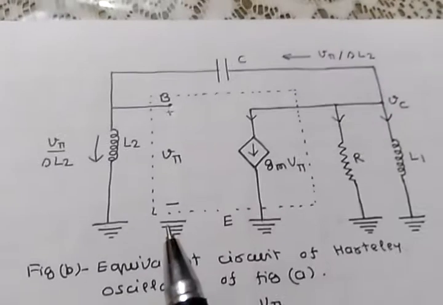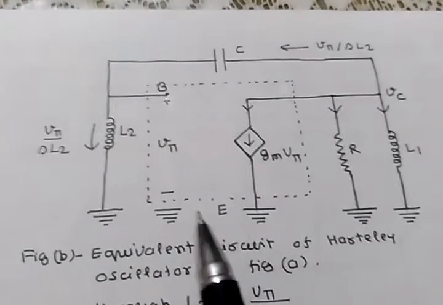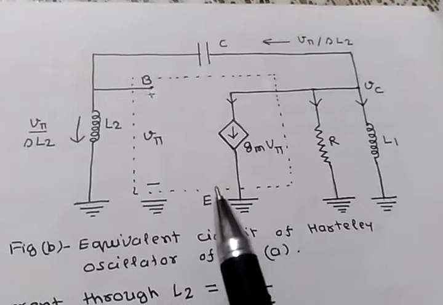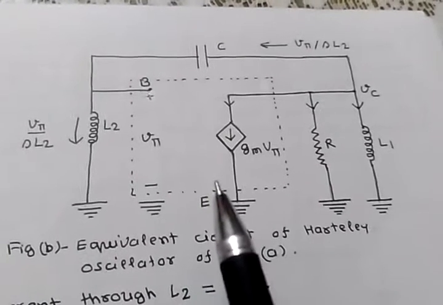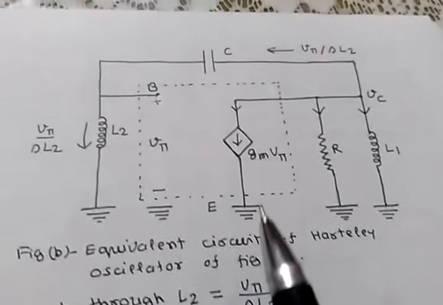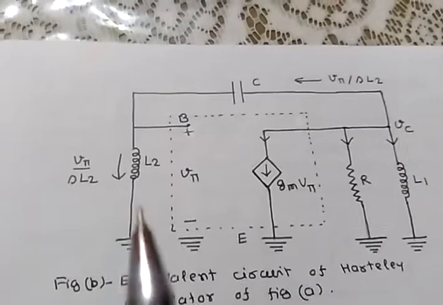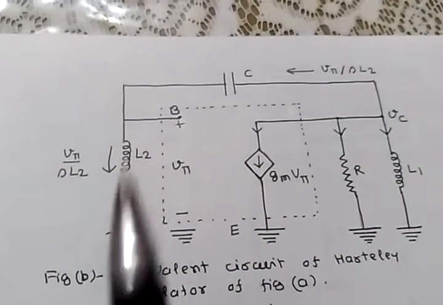This is the equivalent circuit of the Hartley oscillator using BJT. We will analyze this circuit to get the frequency of oscillation and the condition of oscillation. First we will calculate the current through this inductor.